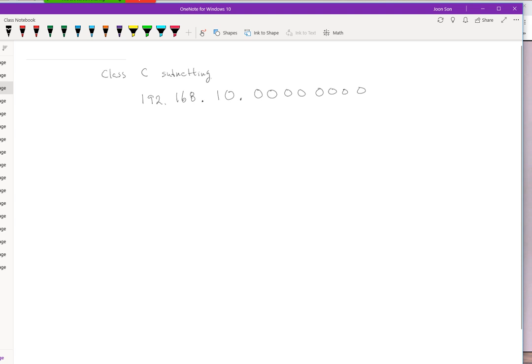So what is given is just an IP address. Typically it's a network IP address, but I can give you any IP address.